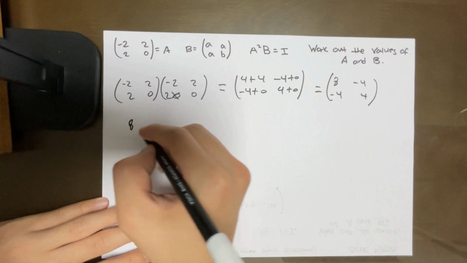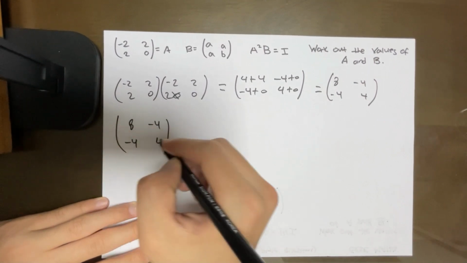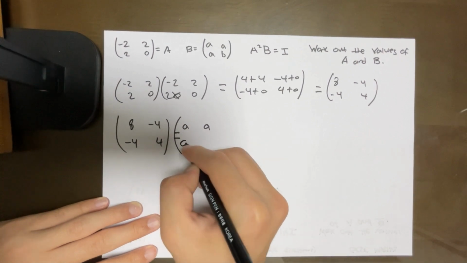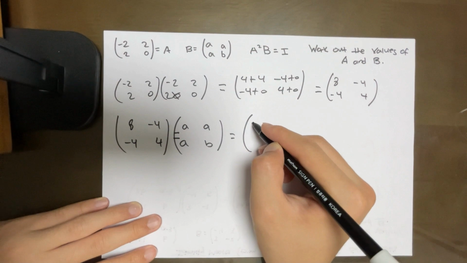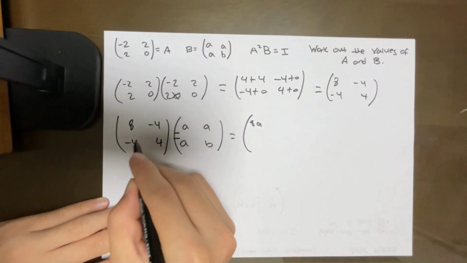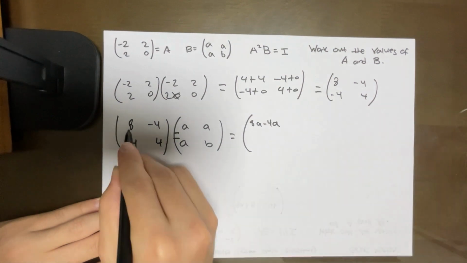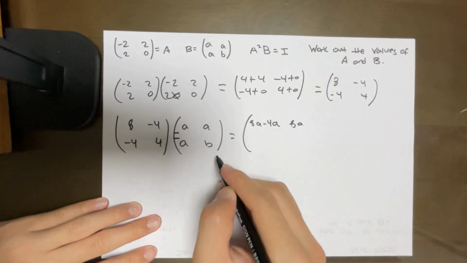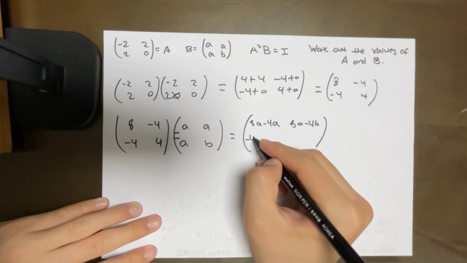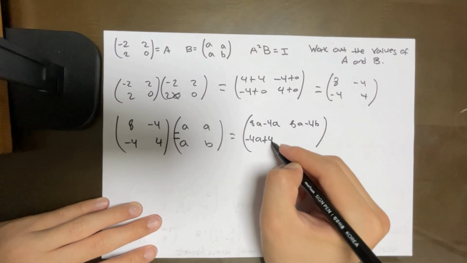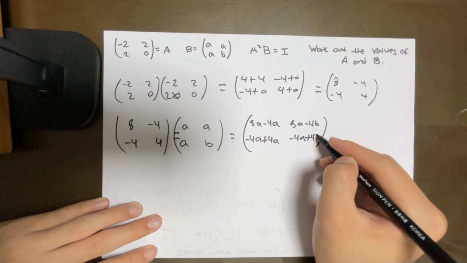And if we make a new equation, (8, -4; -4, 4) multiplied by (a, b). That will give us 8 times a, which gives us 8a. Negative 4 times a, negative 4a. 8 times a, 8a. Negative 4 times b, negative 4b. Negative 4 times a, negative 4a. 4 times a, 4a. Negative 4 times a, negative 4a. 4 times b, 4b.